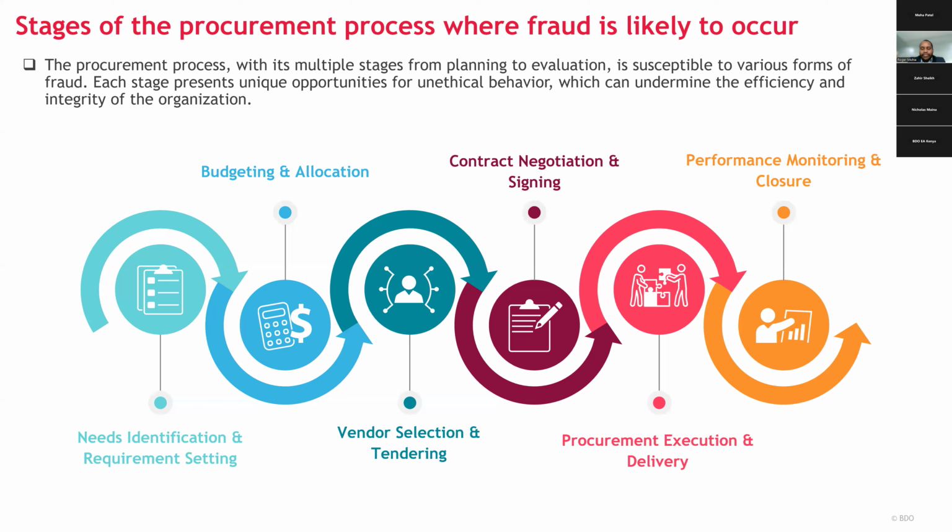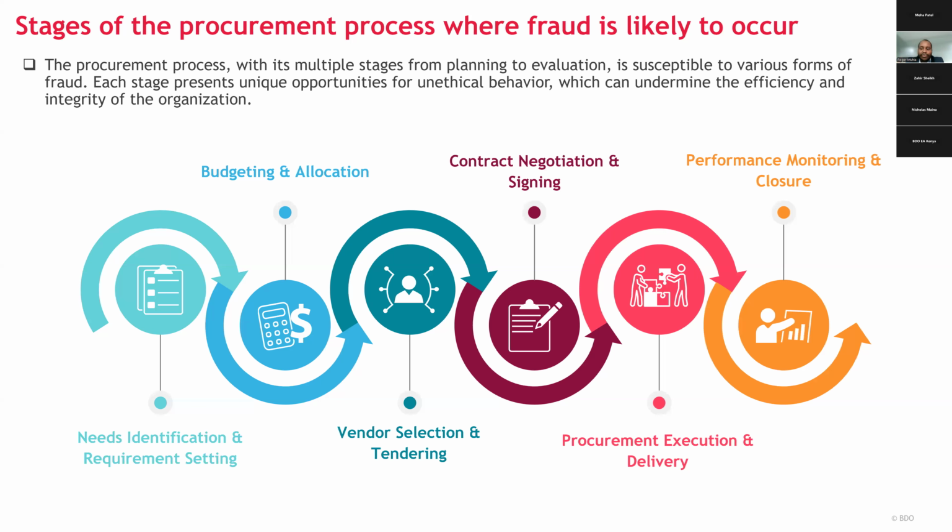The first one is the initial phase, which is usually where the organization defines its specific needs and requirements. Usually, what we found is someone within the organization can manipulate this stage to favor certain outcomes. So fraud can occur in this stage when an employee, maybe someone in the procurement committee or in leadership or in the finance department, exaggerates or invents needs to justify purchases that may either benefit them personally or may be used to funnel the business to predetermined vendors.